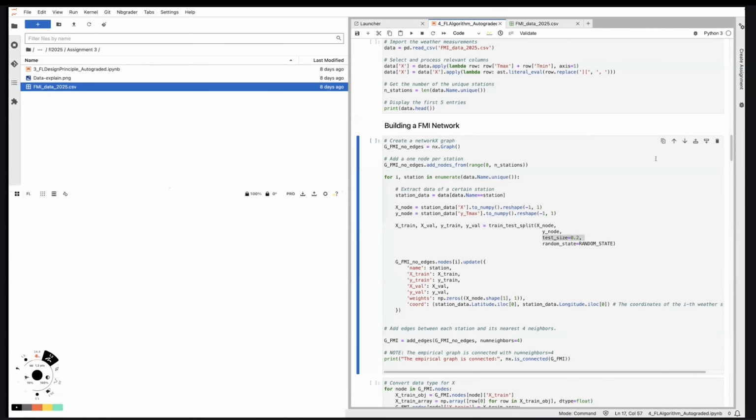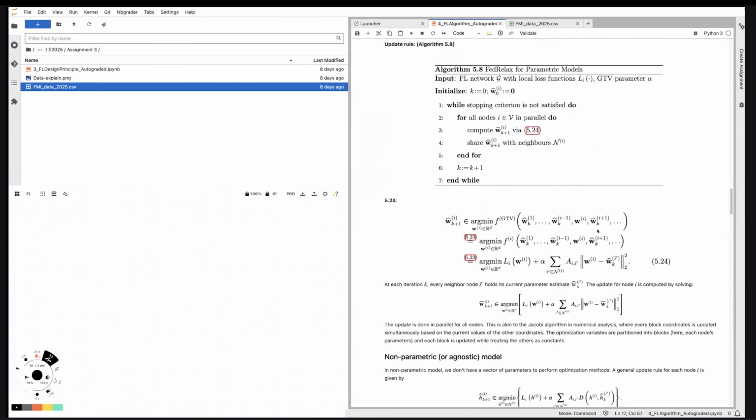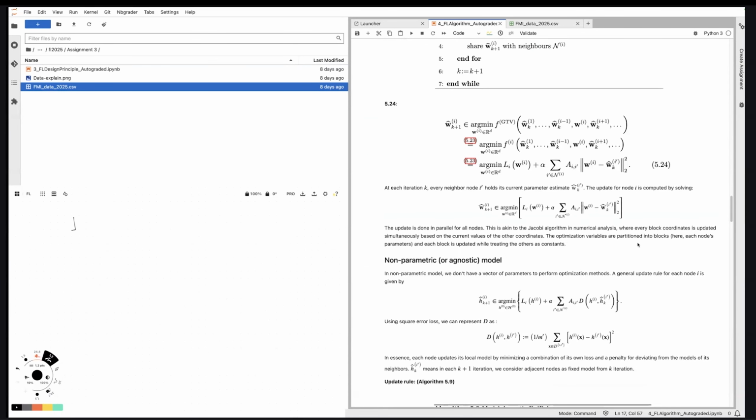And for those of you who are not really familiar with the Jacobian algorithm or optimization problems, imagine we have an optimization problem with many, many parameters, for example W1, W2, W3 to Wn. We have many unknown parameters for this optimization problem.